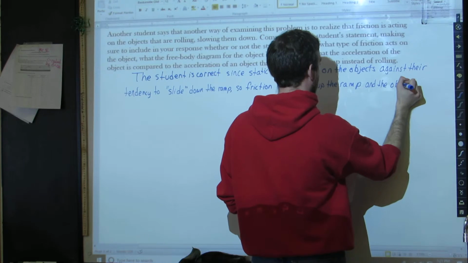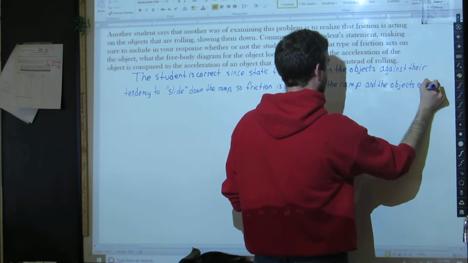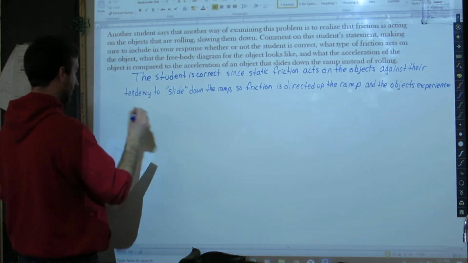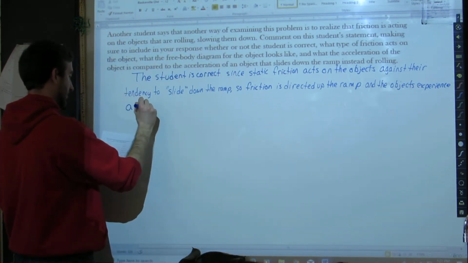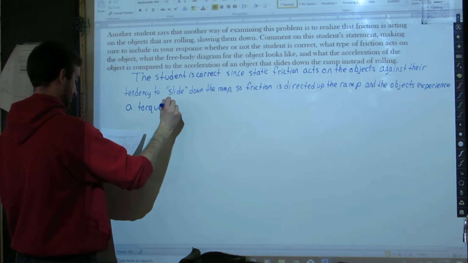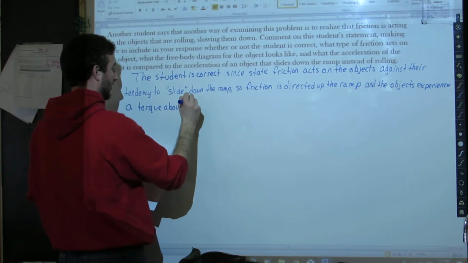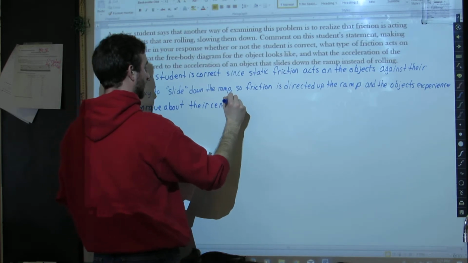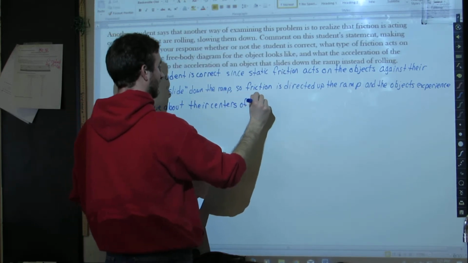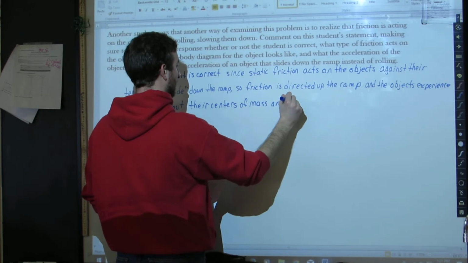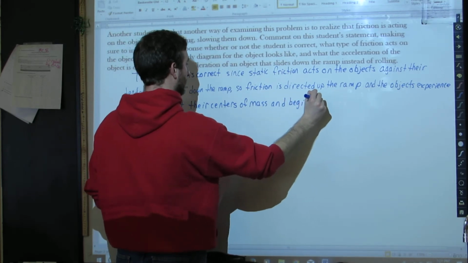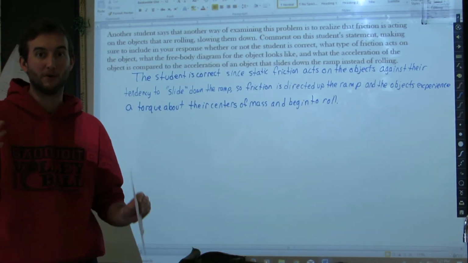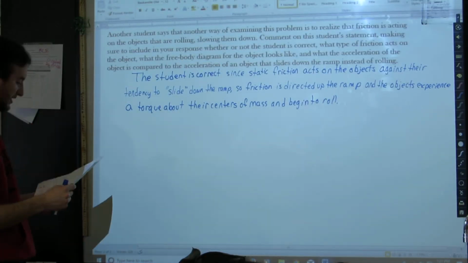And the objects experience a torque due to this friction about their centers of mass, and begin to roll. Now, I'm going to do some math to show you how the accelerations compare in each case.